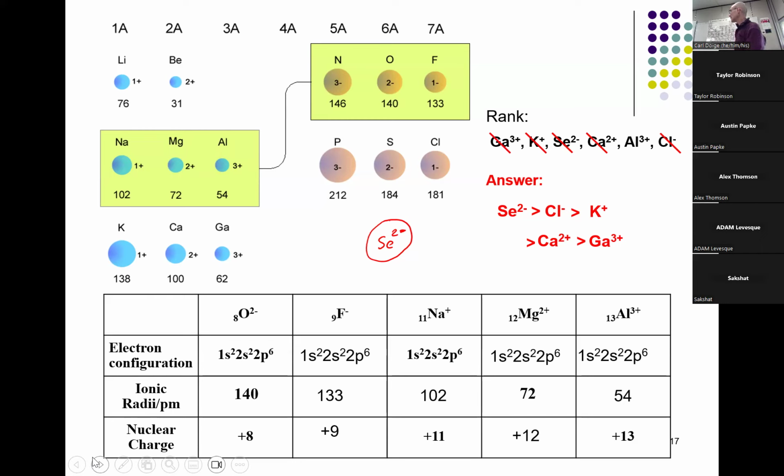So I started with selenite. That was part of a different isoelectronic series. Selenite is part of the bromide, rubidium, strontium isoelectronic series. But then I got into the sulfide, chloride, potassium, calcium, gallium isoelectronic series. Oh, what about aluminum? How does aluminum fit in all this?